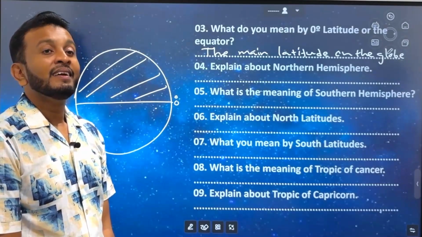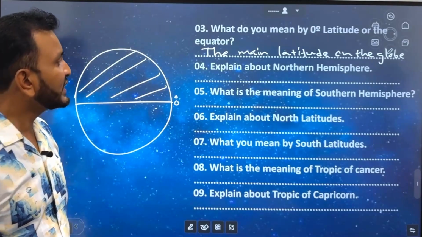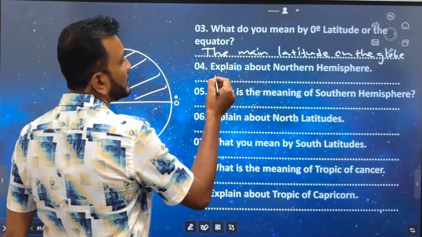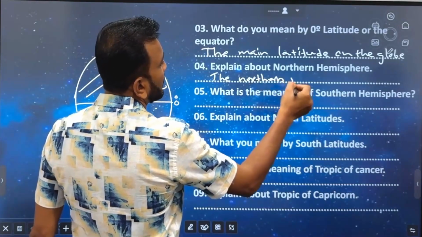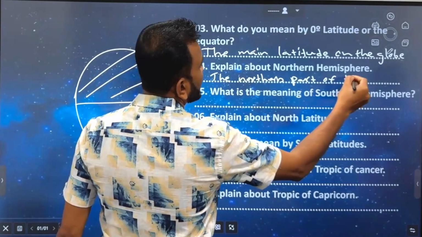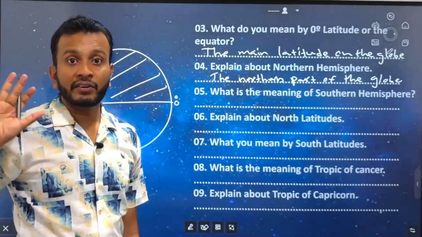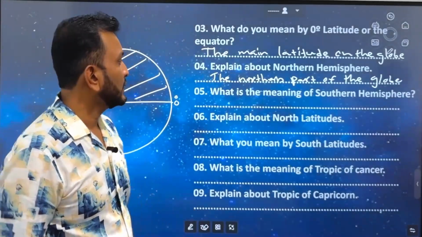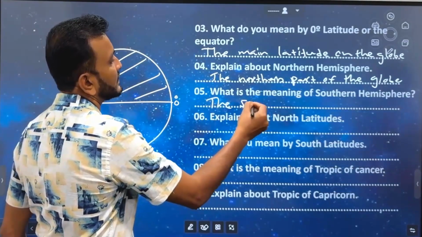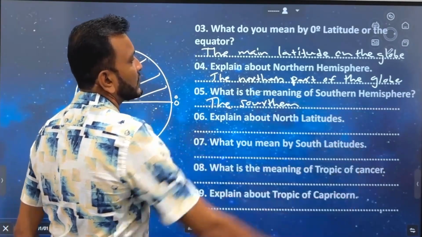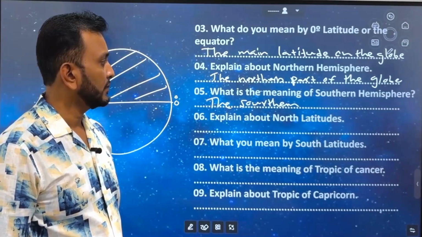The northern part of the globe. On the globe, not on the real earth. What is the meaning of southern hemisphere? The southern part of the globe.